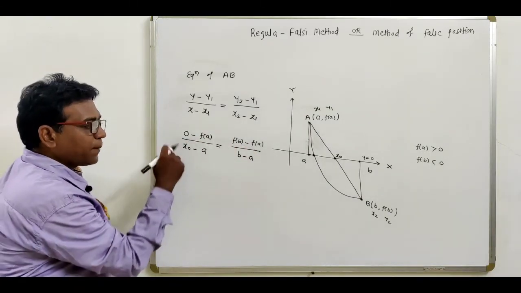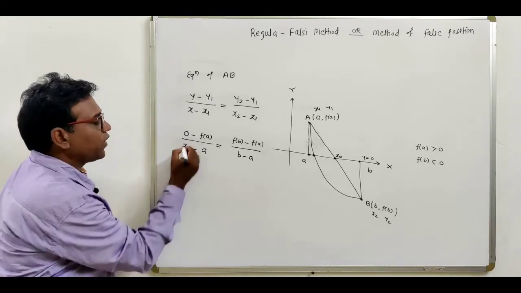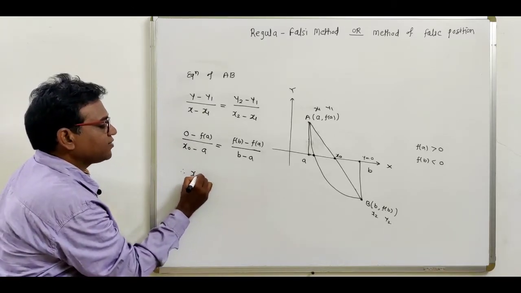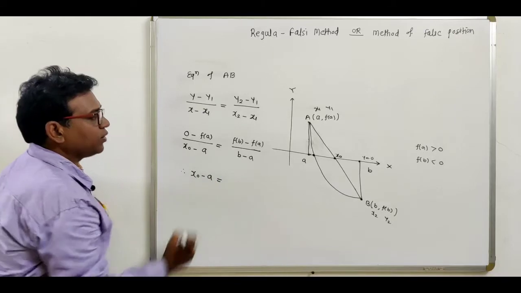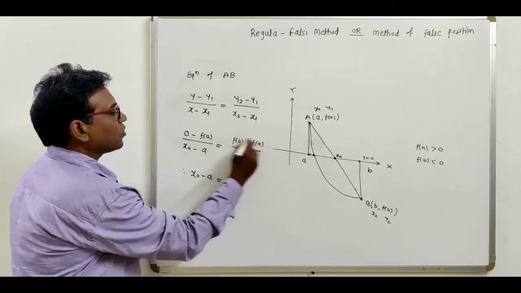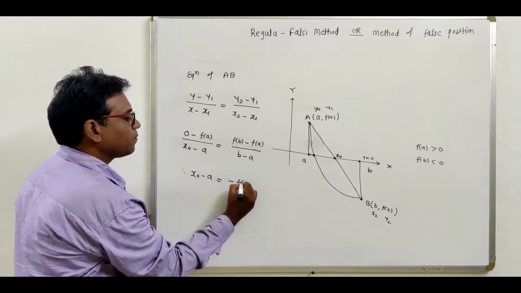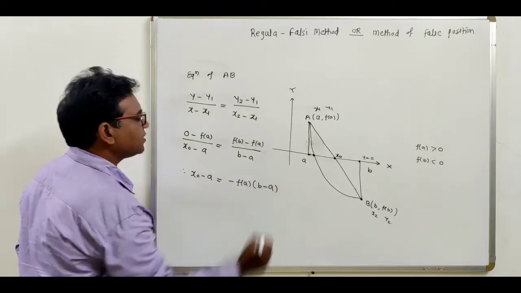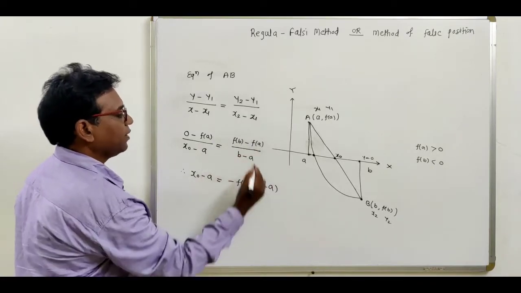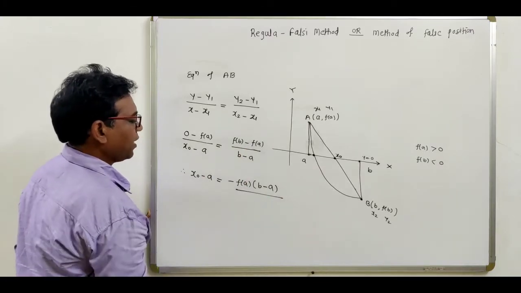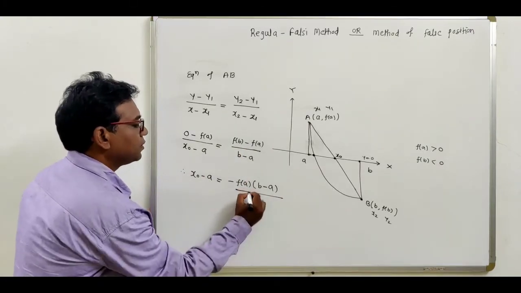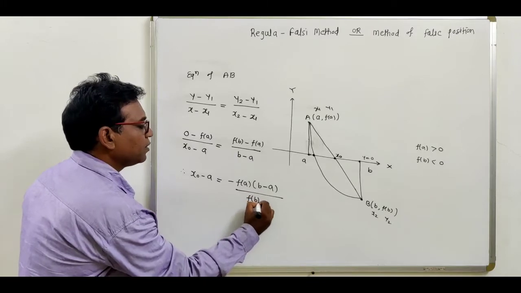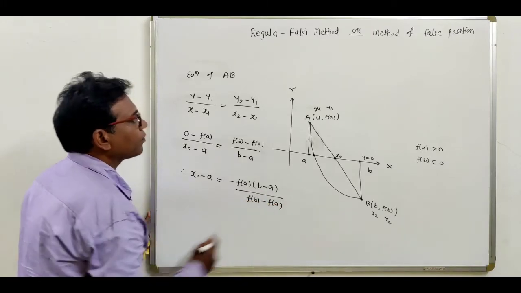So find out this first approximate value, that is x0. So x0 minus a is equal to, now just cross multiplication, minus f(a) times (b minus a), divided by f(b) minus f(a).